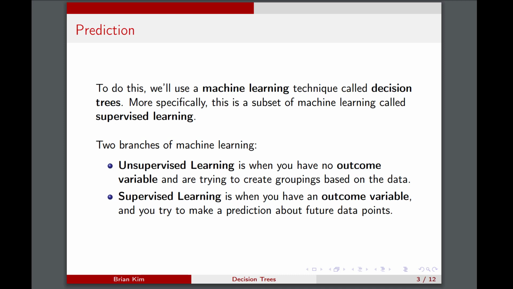Supervised learning, on the other hand, is when you have some sort of outcome variable. Many times this will be a categorical variable, and a lot of times you'll see that you want to have a binary variable. Basically, you want to predict something like a success or a failure. Generally what you have is the data, which consists of a lot of characteristics such as miles per gallon or the horsepower.